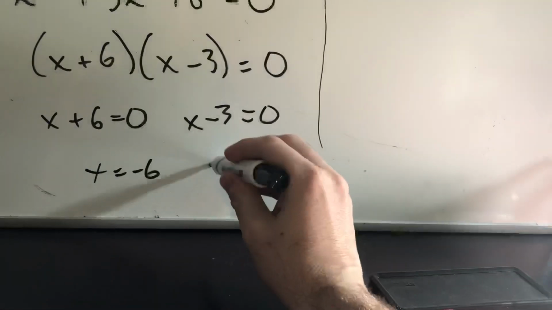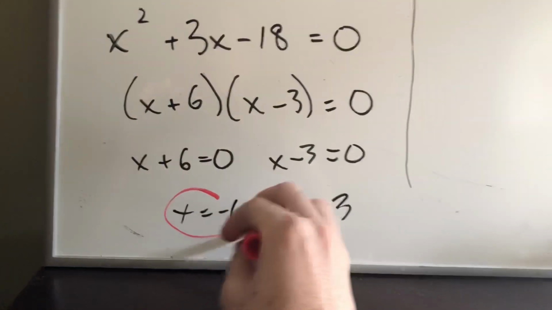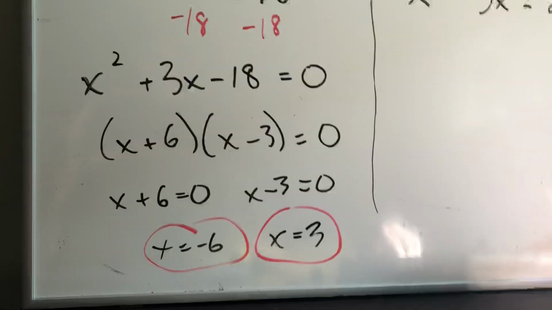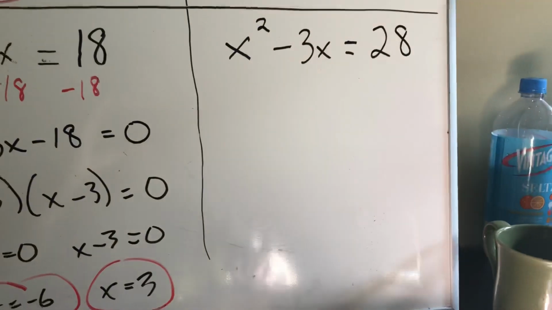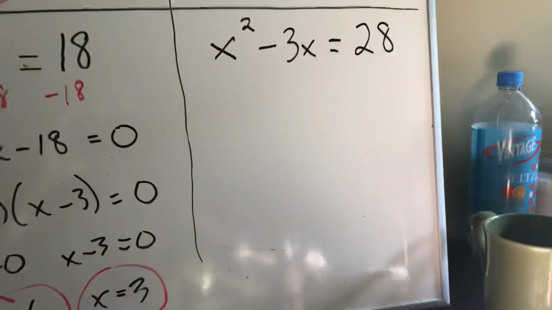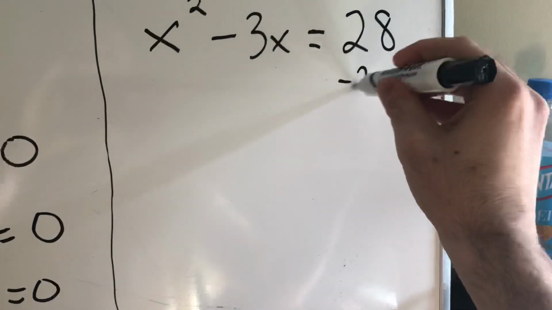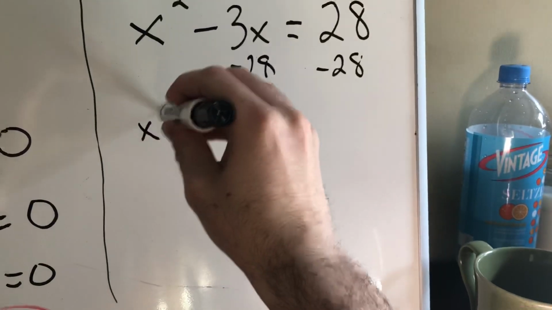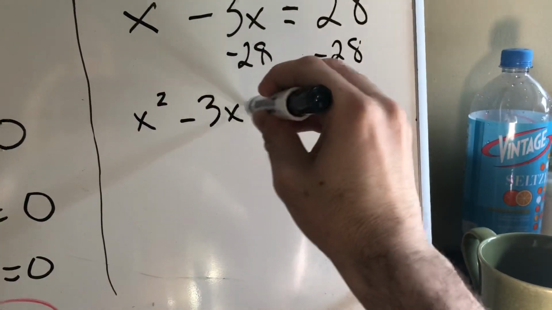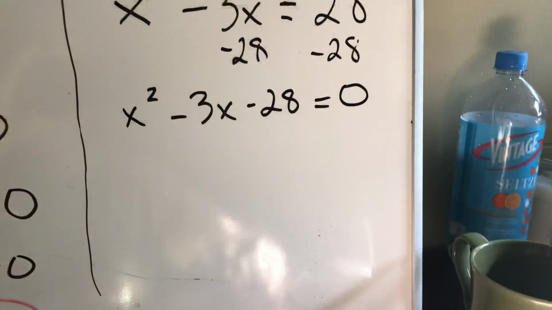Subtract 6 on both sides. Add 3 on both sides. Once you've seen the pattern a couple times, it should latch on. All right, hit pause one more time. And let's go here. Once again, the 28 is going to get subtracted on both sides. New equation set equal to 0.